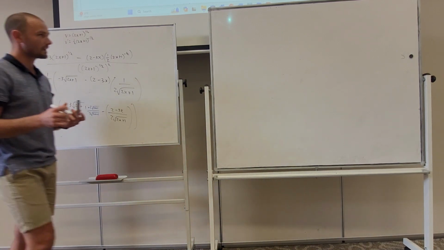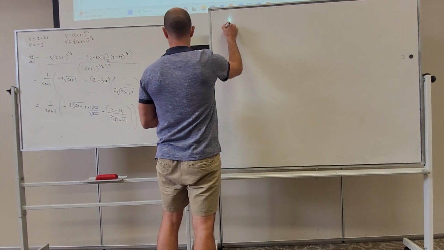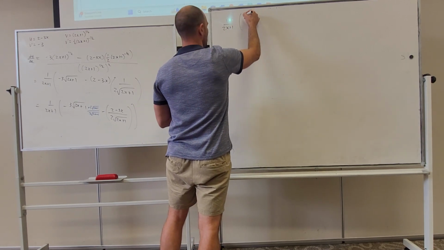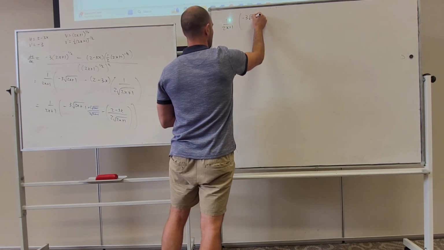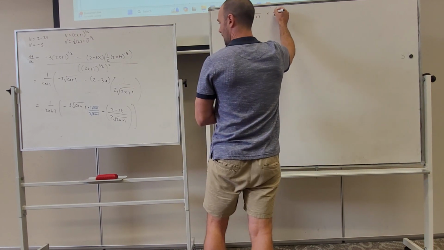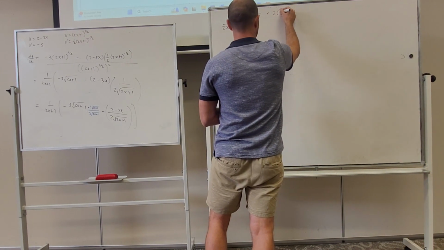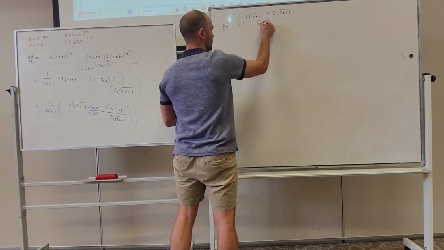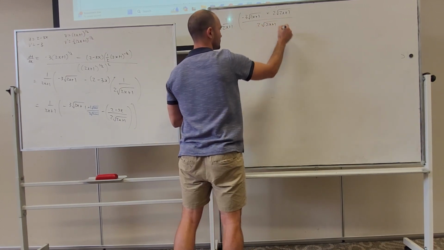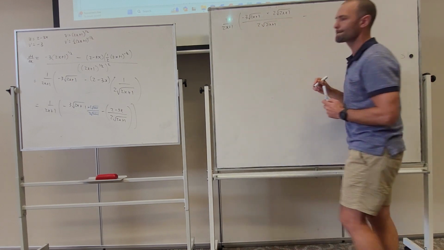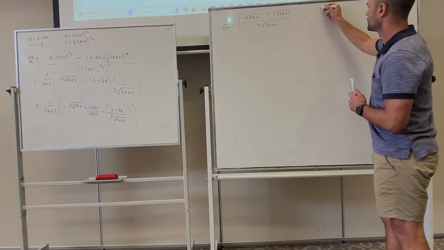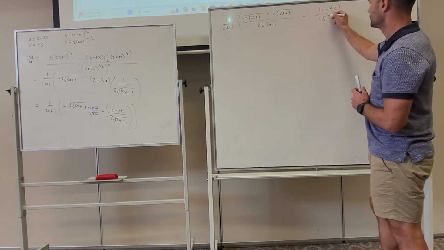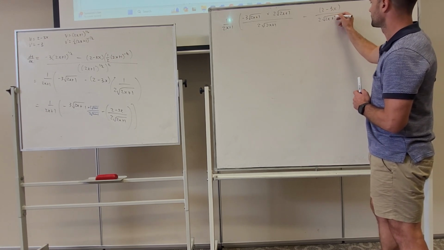So then let's state what we would have if we did that. 1 on 2x plus 1 multiplied by, at the top here I'm going to have minus 3 root 2x plus 1 multiplied by 2 root 2x plus 1. Okay, and all of that is on top of 2 root 2x plus 1. Take away, and then we have the 2 take 3x, all on top of 2 root 2x plus 1.